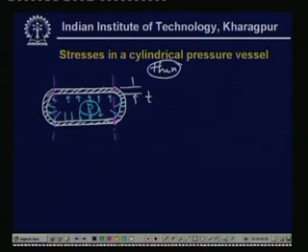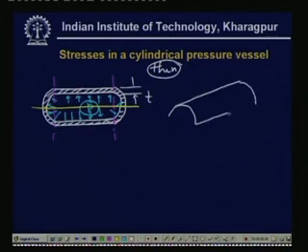The first is that if you just make a line here and cut it into two halves, then there will be one part of the cylinder, and pressure is acting over here, and there are stresses. Again on the same surface there will be stresses.